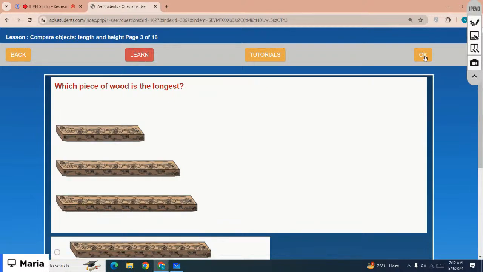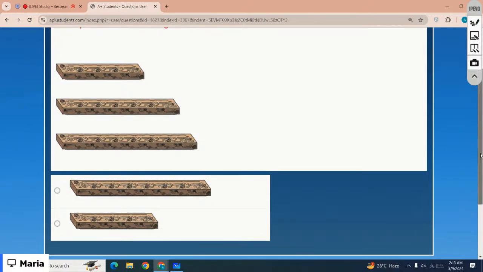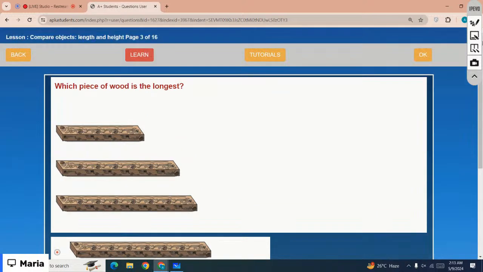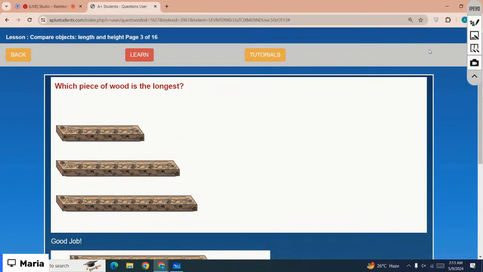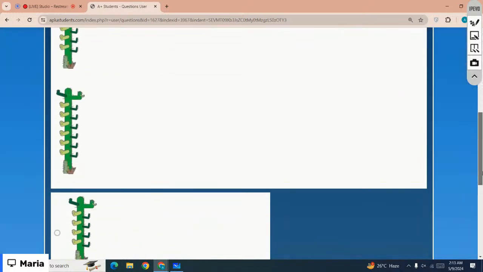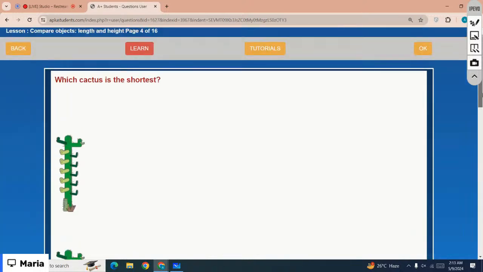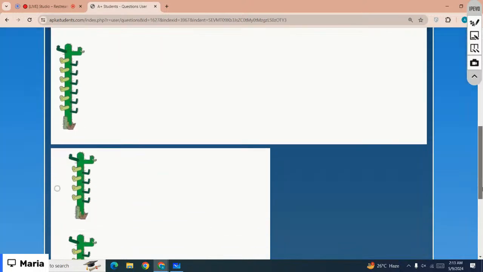Which piece of wood is the longest? Which is the correct option? Yes, the first one is the longest. Option number one is the correct option. Which cactus is the shortest?